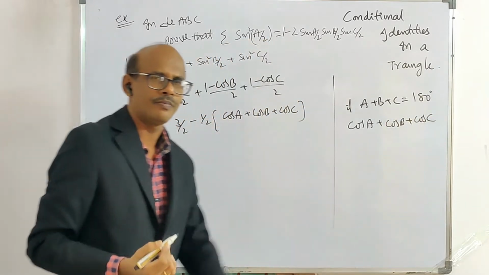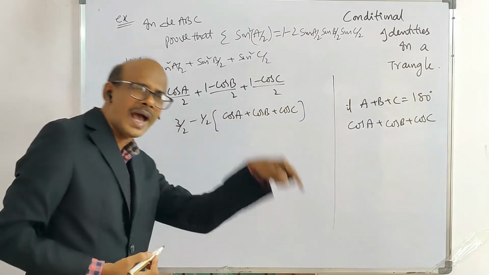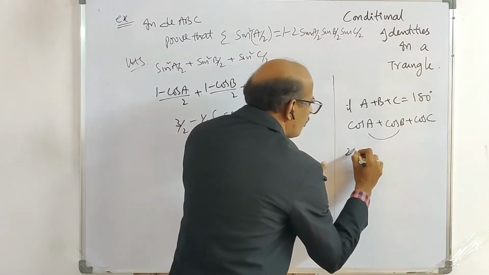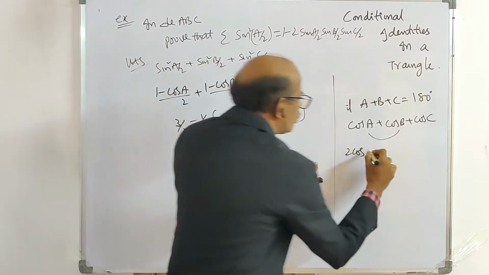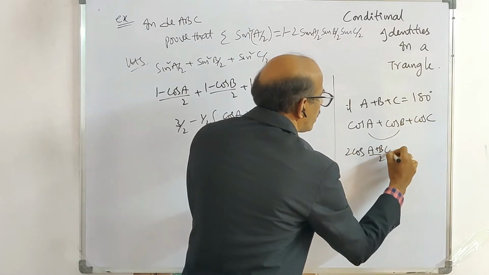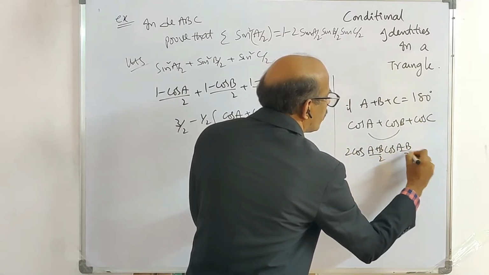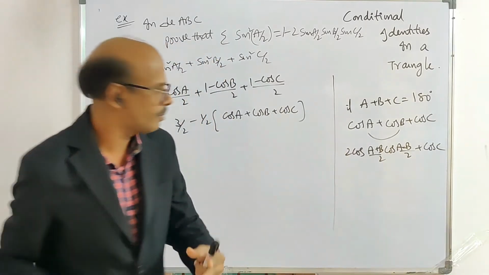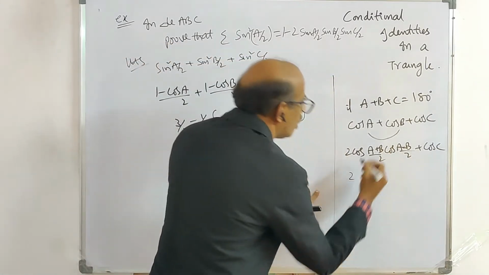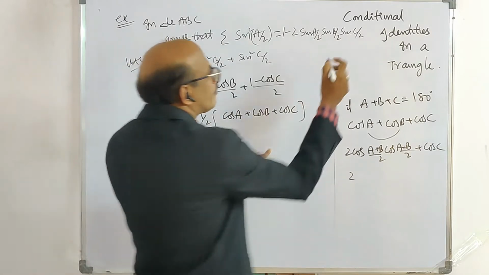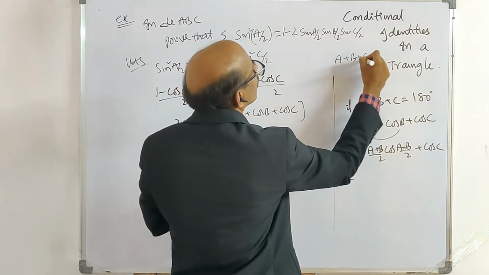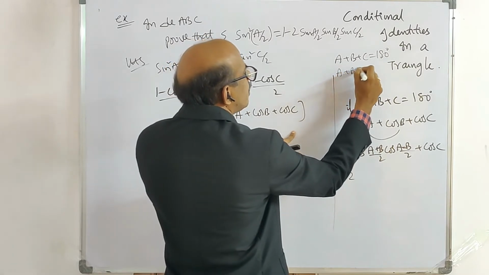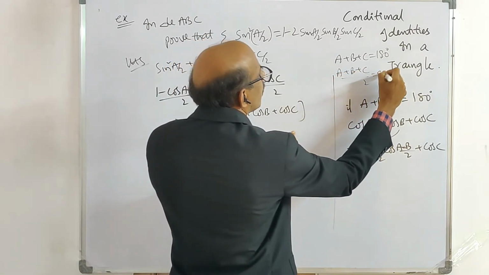If you observe the sub identity here, the transformation: cos C plus cos B, you know very well from the toolbox, is 2 cos (A plus B) by 2, cos (A minus B) by 2, plus cos C. I think you understood the first step. Okay, next step. If A plus B plus C is 180 from the condition, then (A plus B plus C) by 2 is equal to 90.